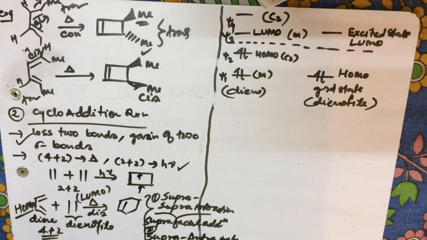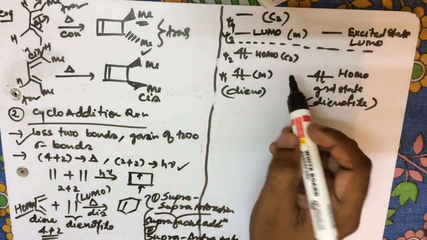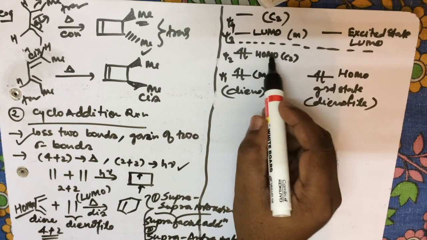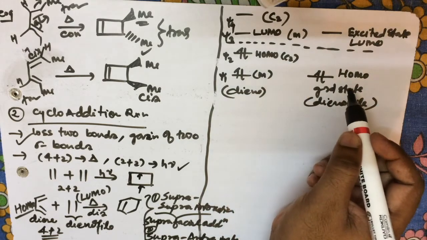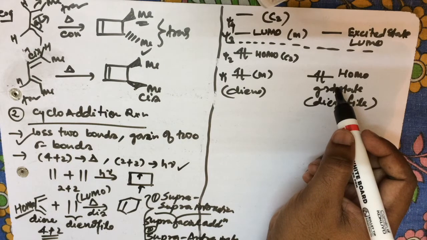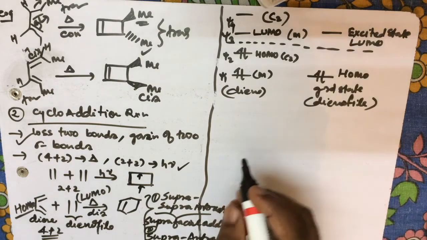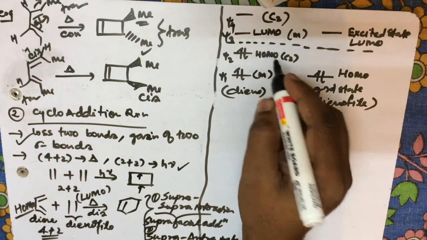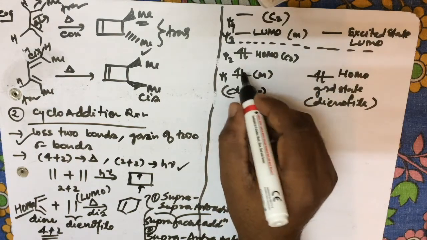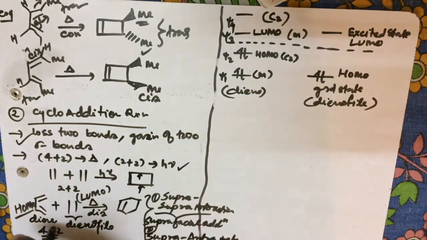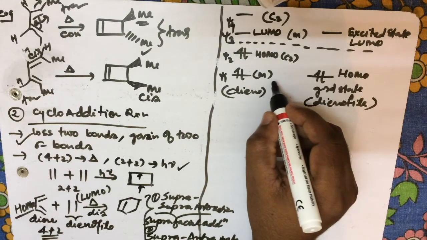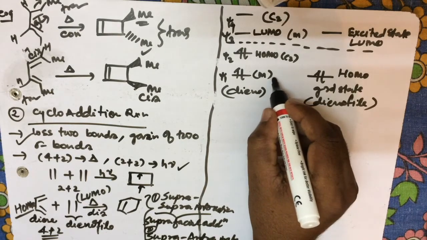So here I told you supra means HOMO. So if you take HOMO of this and LUMO of this, HOMO of this means, here basically 4 carbons for diene, so 4 p orbitals will form.